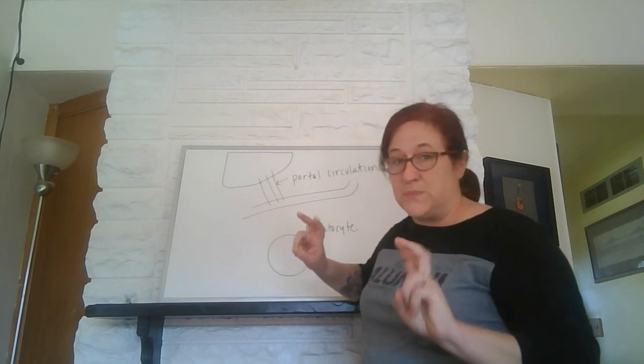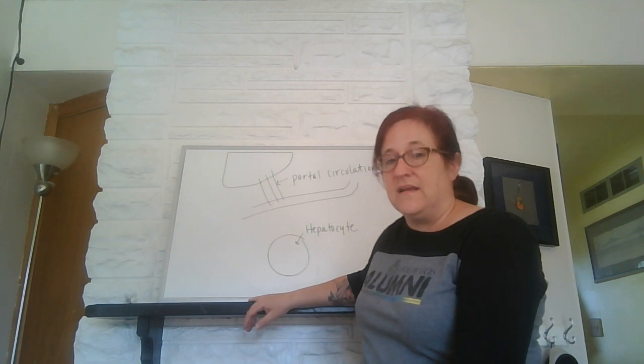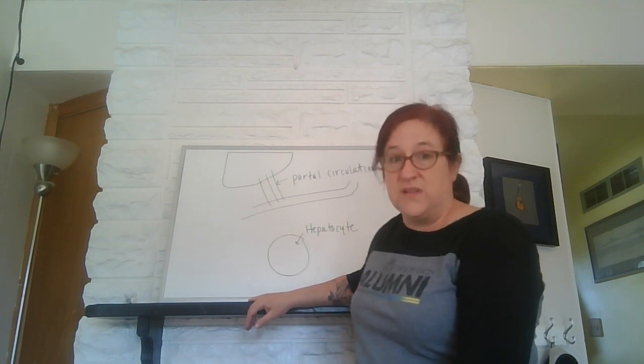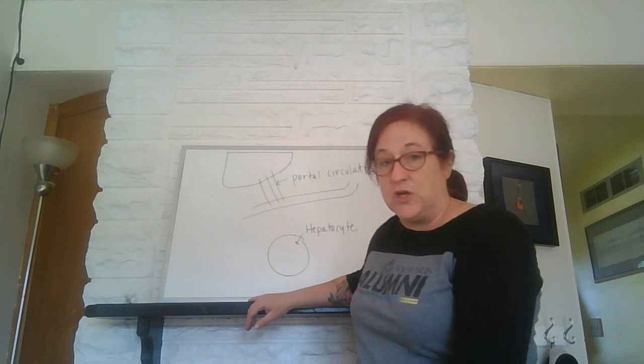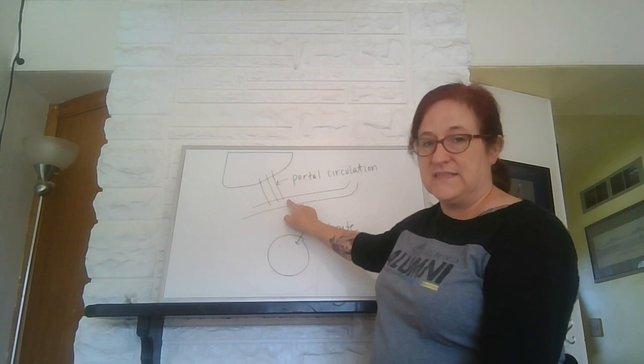That's part of the first pass effect of medications that you learn about in pharmacology again. It's how the liver detoxifies alcohol before it can really affect us as much as it possibly could. Because this is the first part of the small intestine.